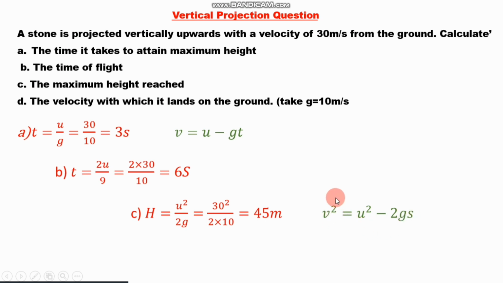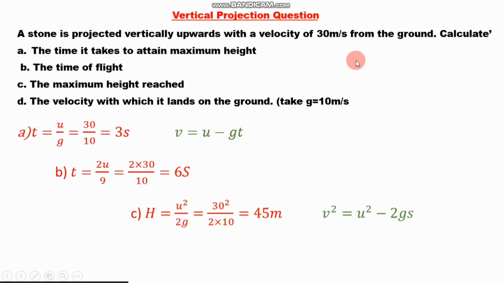We have the final velocity as 0, because when it reaches the maximum height, the body becomes at rest, so the stone will be at rest. We rearrange this equation and have u² = 2gs, and remember we have replaced s with h. So if we make h the subject, we get h = u² divided by 2g.